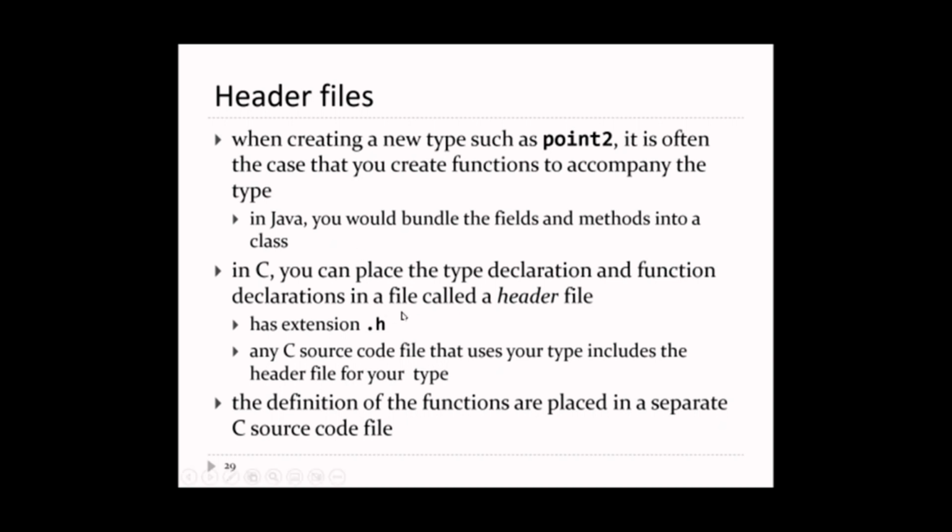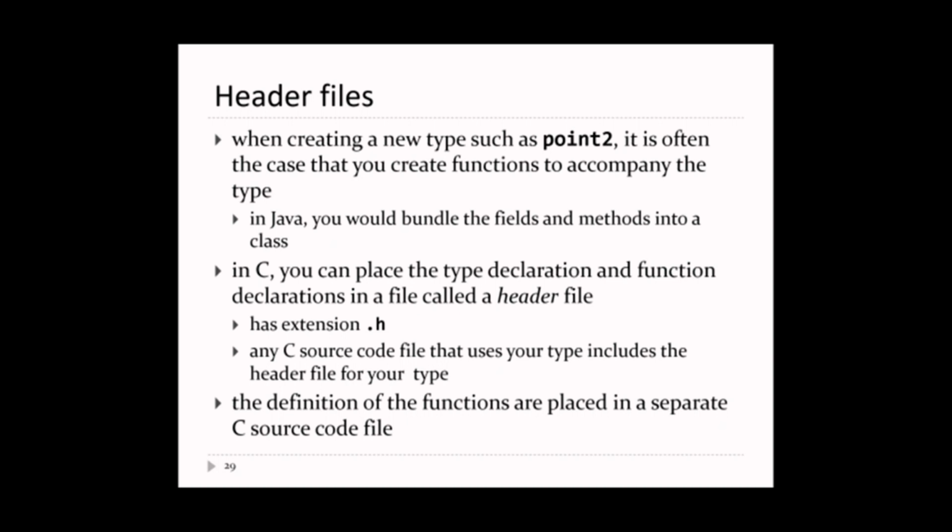So the way it works in C is what you would typically do is you would place the Point2 structure and all of the function declarations that you want to operate on that structure into a header file. Right? So remember, header files by convention have the extension .h.